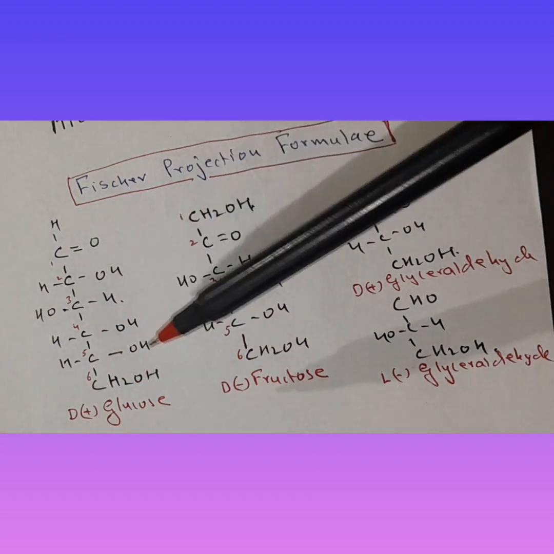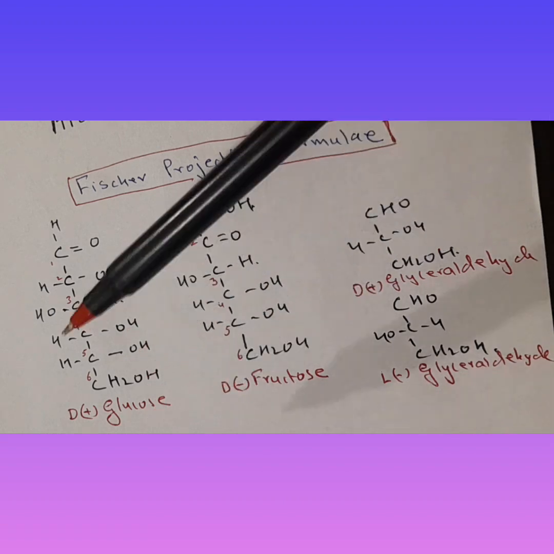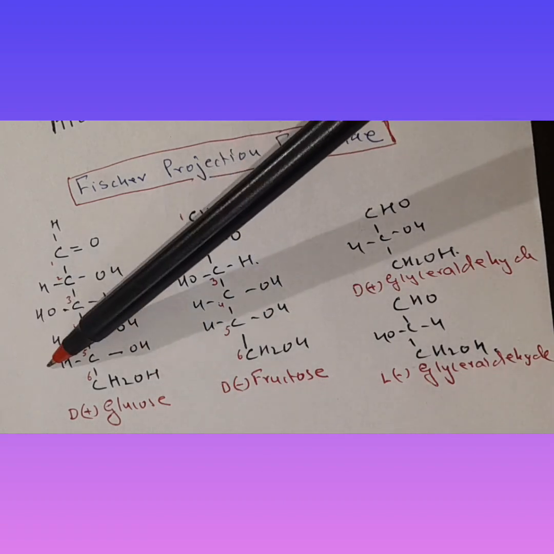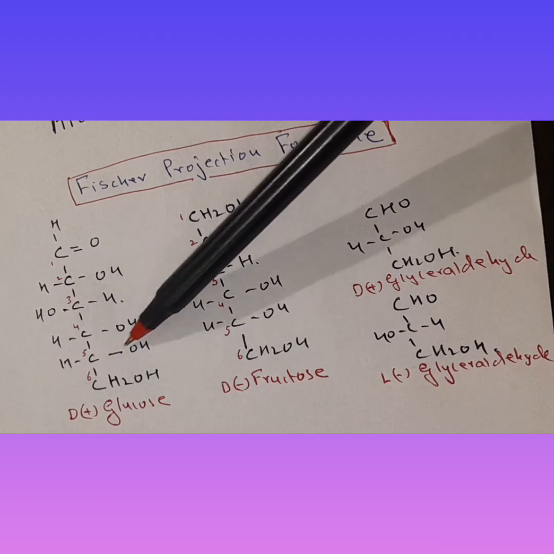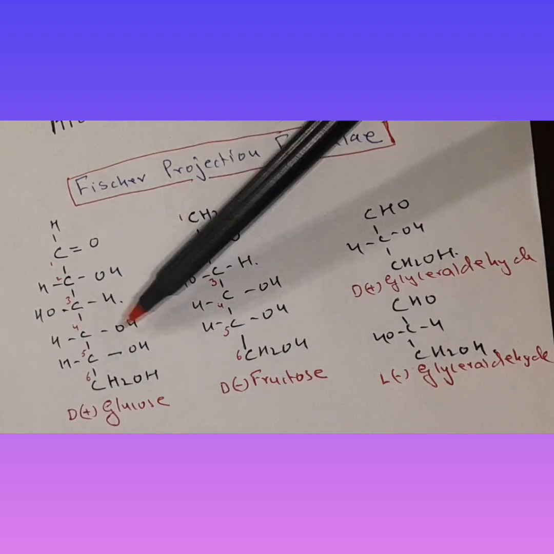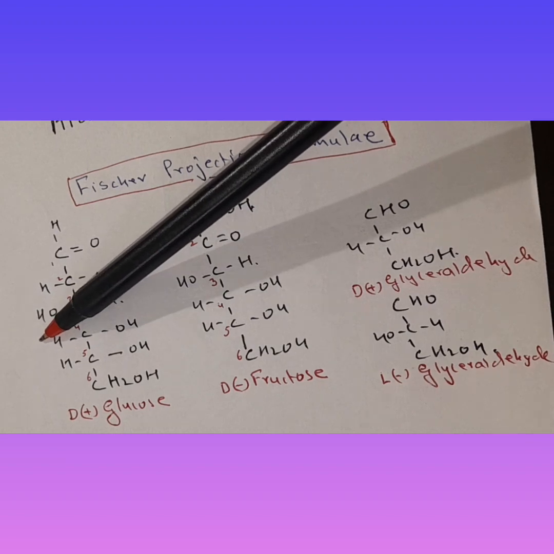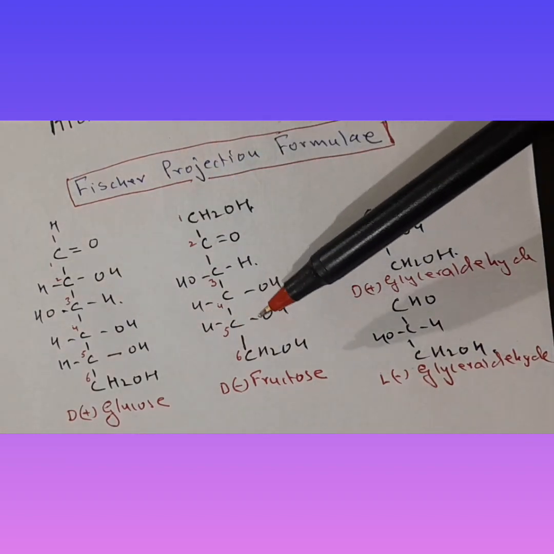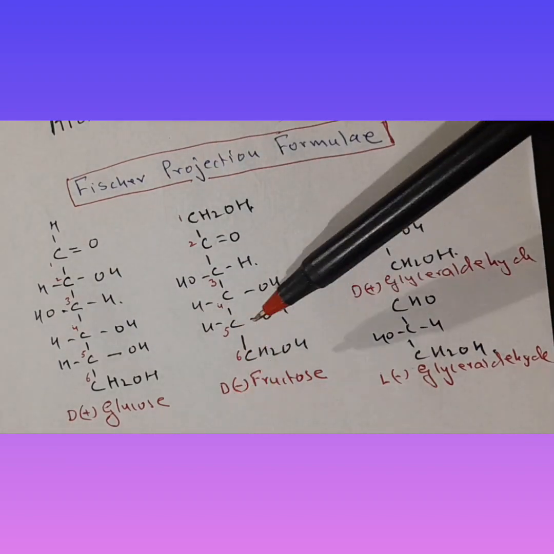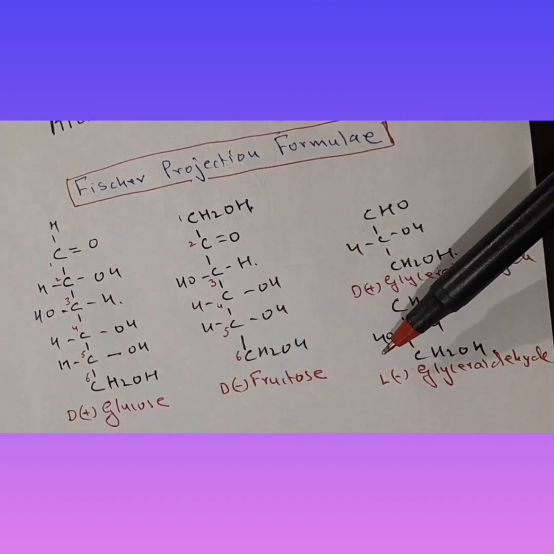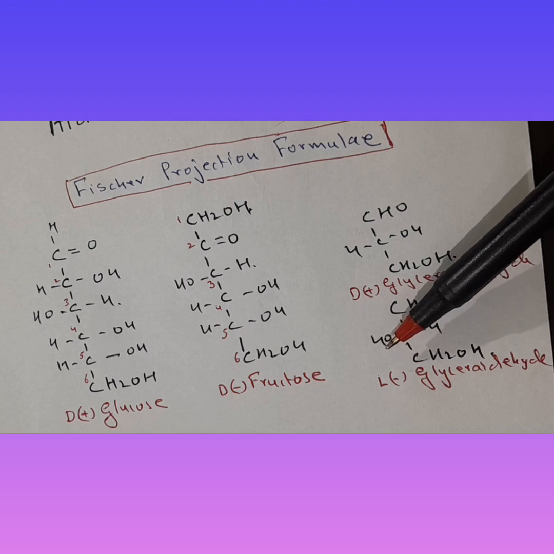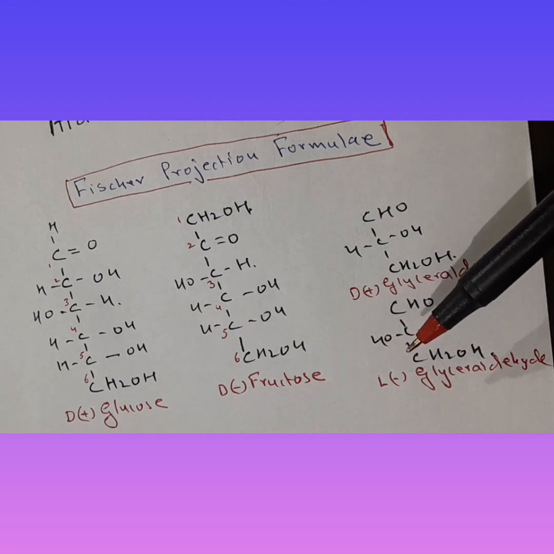So based on glyceraldehyde, we write L or D. If this OH would have been on the other side, we would have called it L-glucose. Obviously, if this OH were on the other side, even the other OH would have been on the same side. Same thing with fructose: fructose also has OH on this side, so it is D. And if the penultimate hydroxide is on the left-hand side, then we call it L.